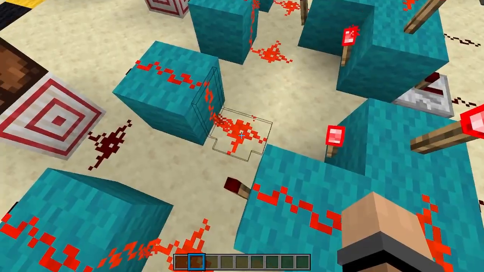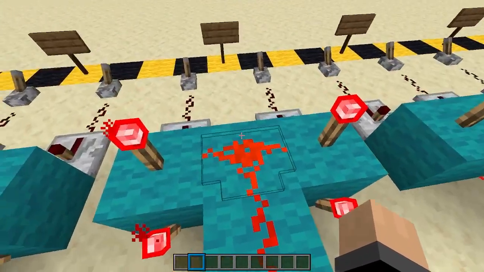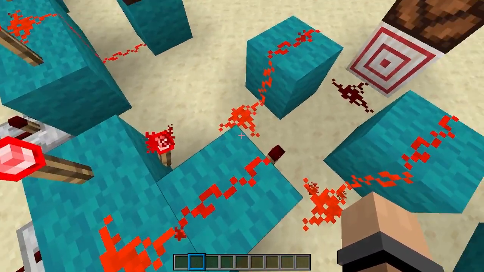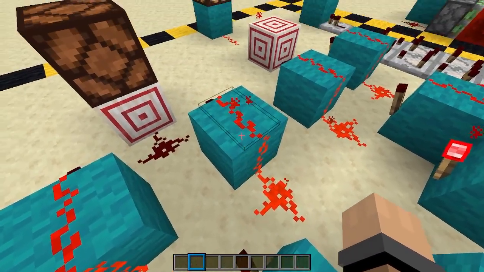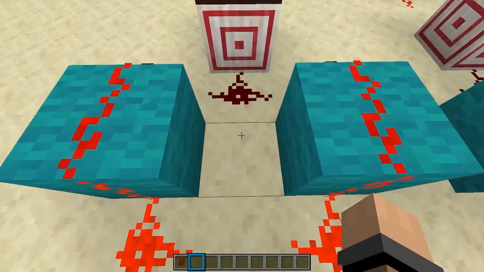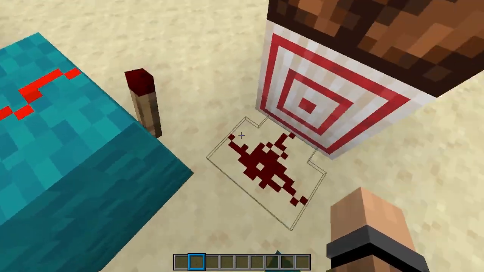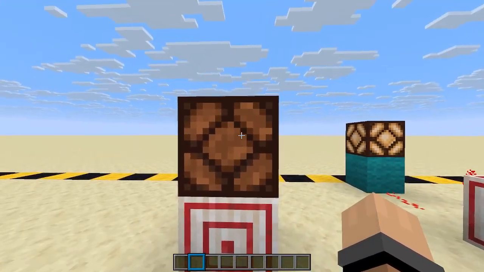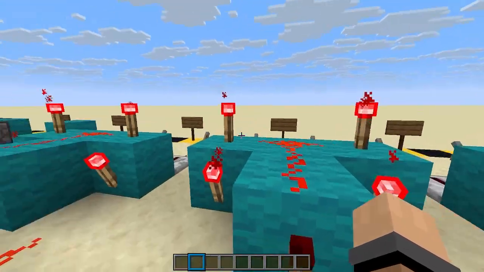And then there's dust that can be powered by either the torches on the first ones or on this one. And if both of these blocks are being powered, they're turning off these torches, which turns off this, which makes it so that this block is not powered.